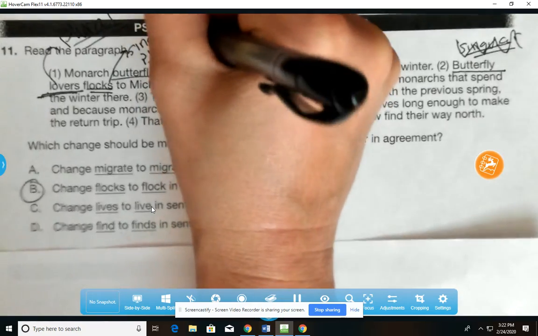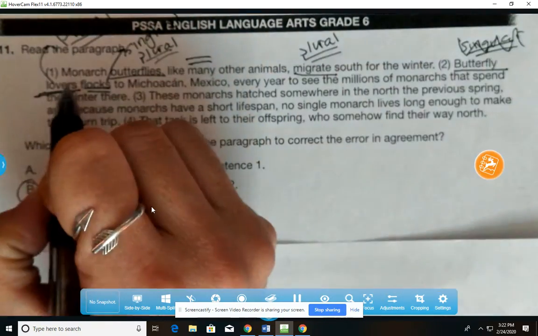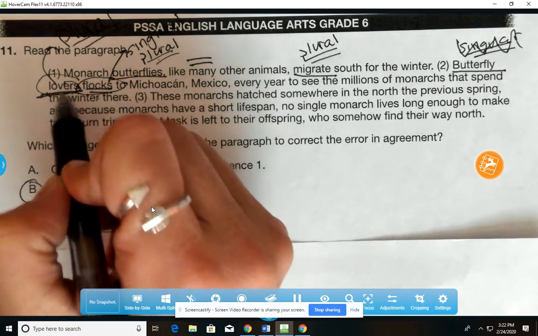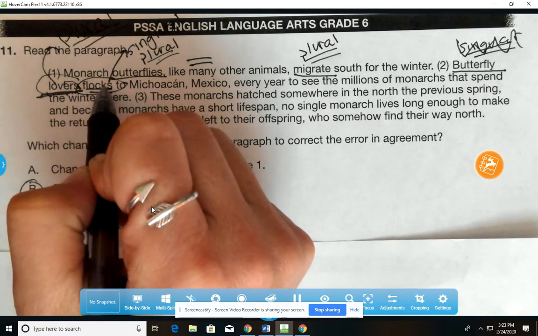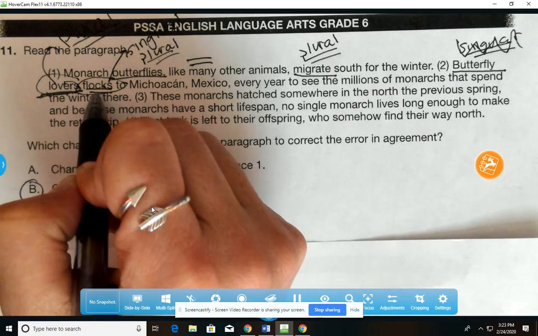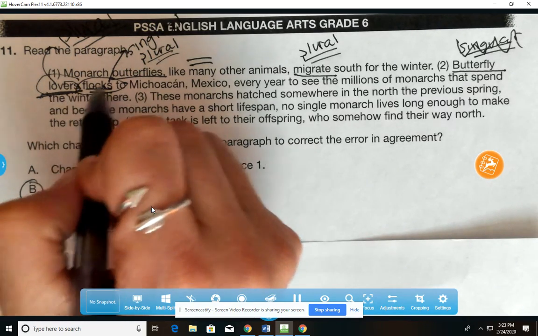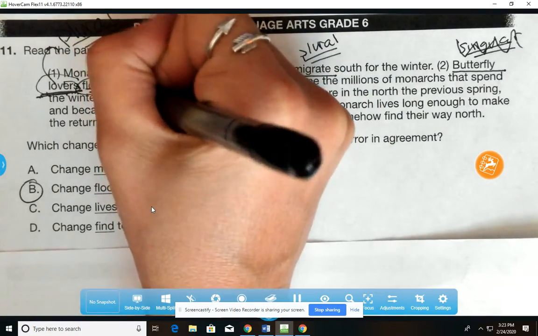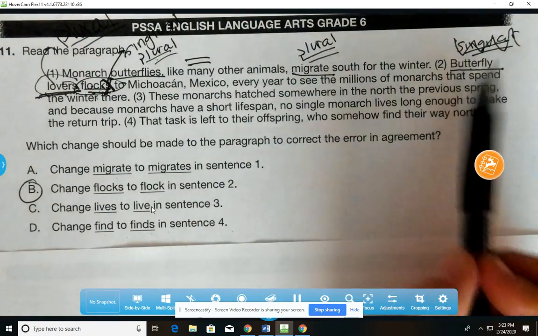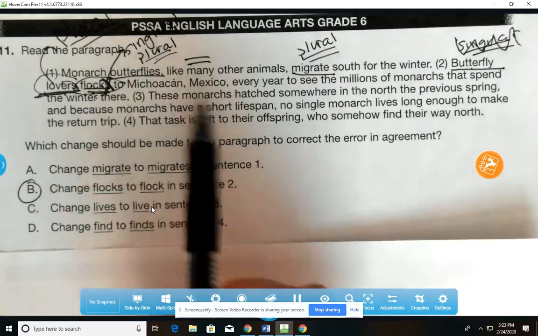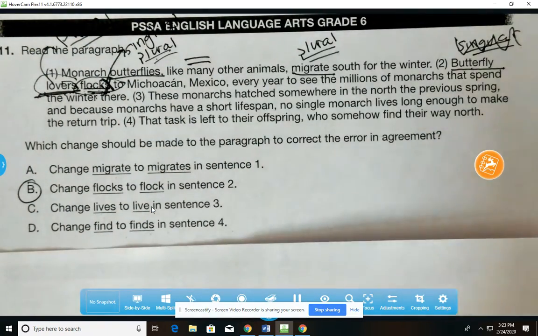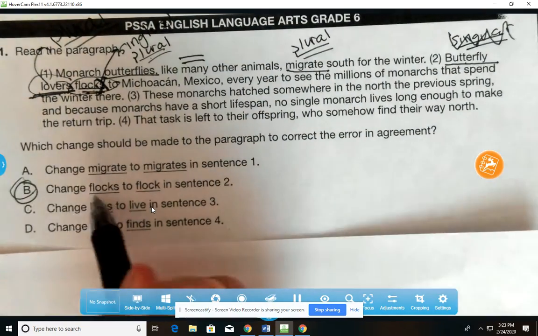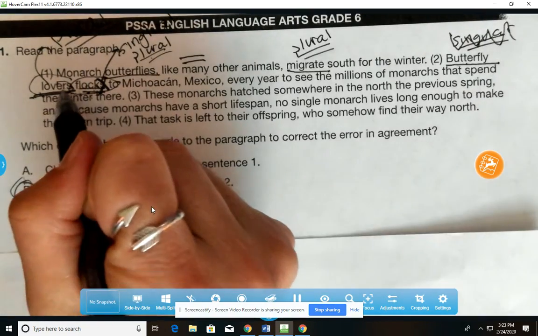That's where I got the singular from. So we have a plural word lovers with a singular flocks. So lovers flocks is not going to work. We have to change this to the plural form. And remember how plural verbs don't have the S ending. So we have to eliminate that. Now it would read butterfly lovers flock to that place in Mexico every year. So that is why the correct answer would be to change flocks to flock because the subject was plural.